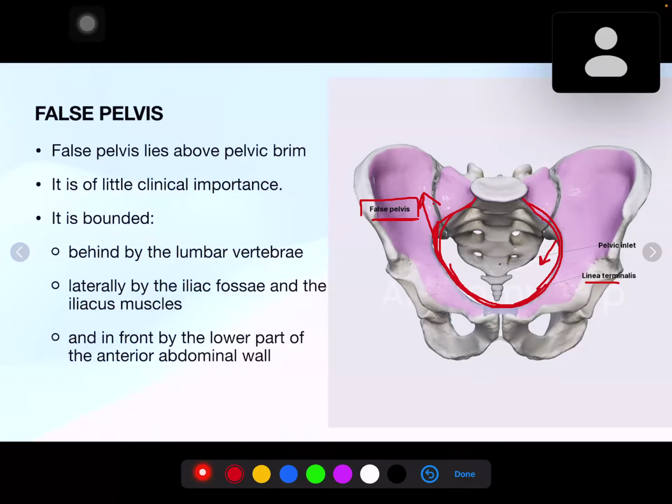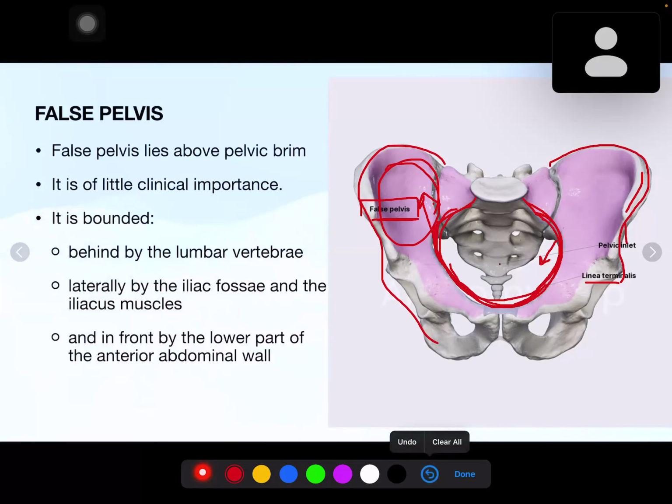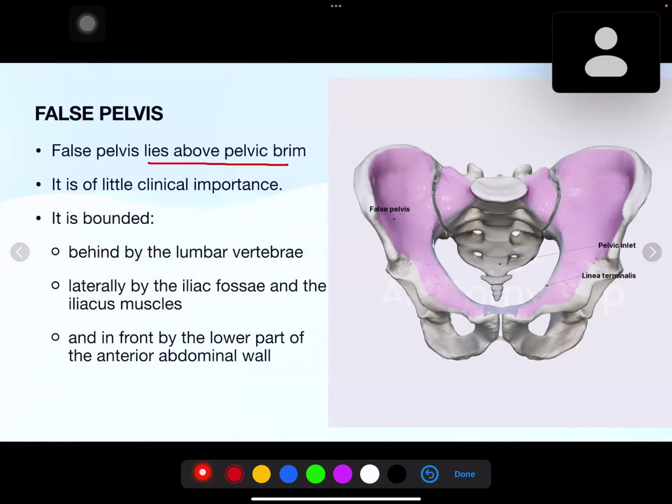Above this pelvic brim, because these are the hip bones, you cannot say that anything present here is a pelvic organ. No, this is the false pelvis. These are the very broad iliac crests, and everything above this pelvic brim will be the false pelvis. So the false pelvis lies above the pelvic brim.